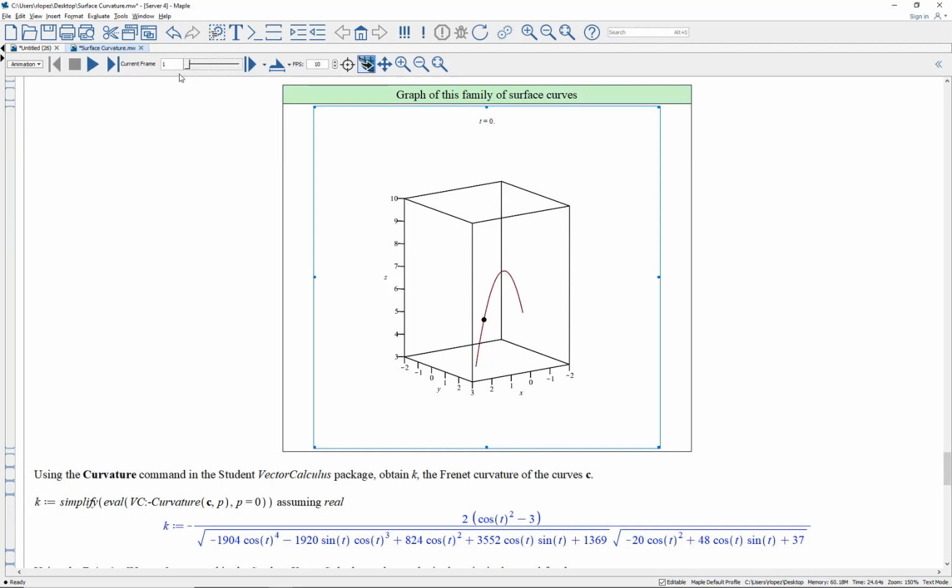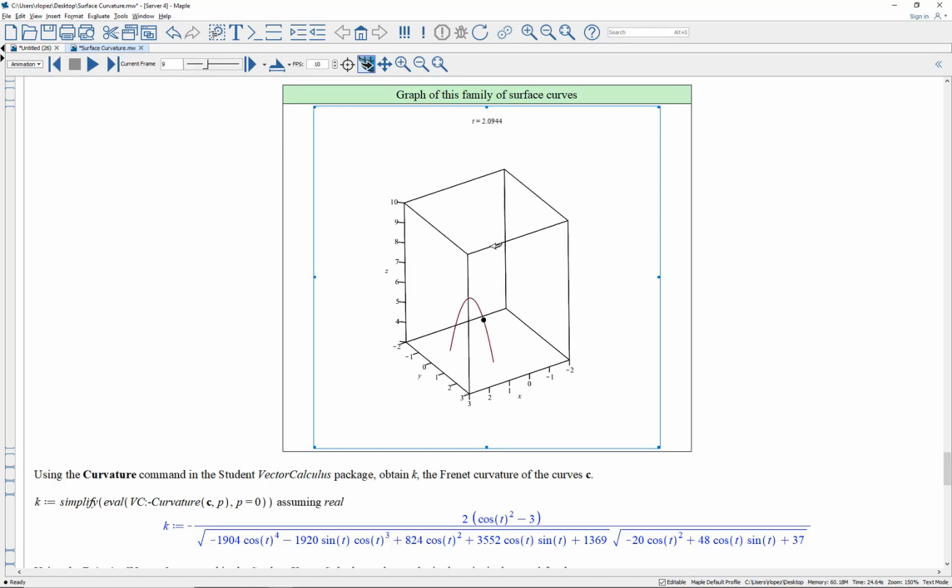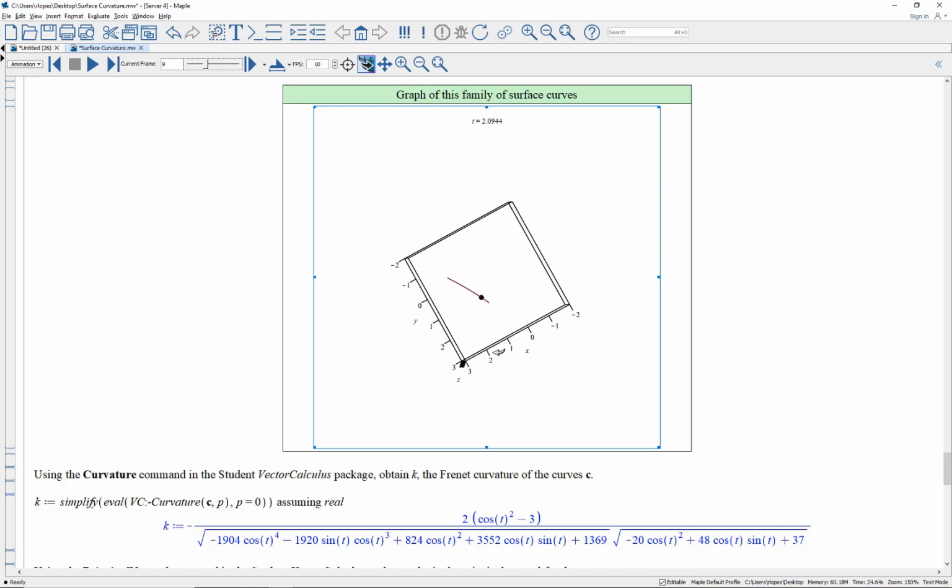The black dot is the point P. These curves lie in the surface, pass through the point P. They're not necessarily normal sections. Then I looked at this from above, and you can see that this is a family of lines. They all pass through the point P.